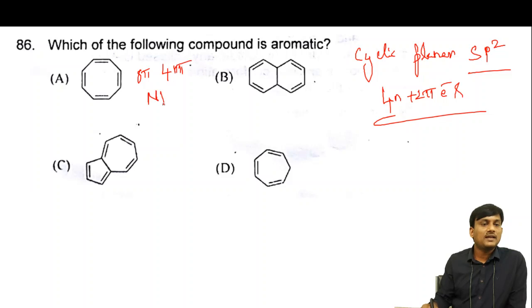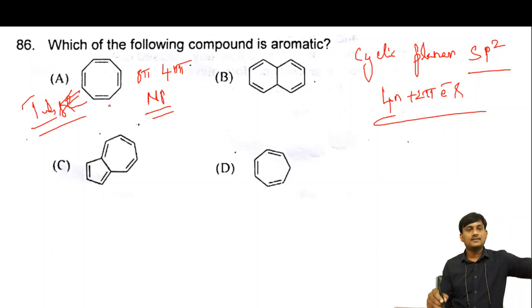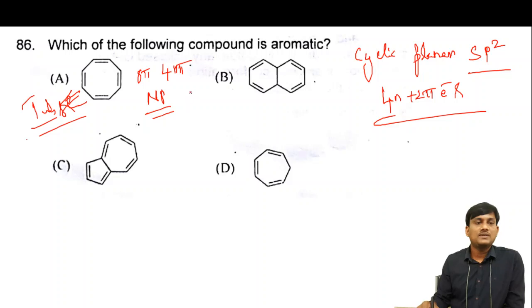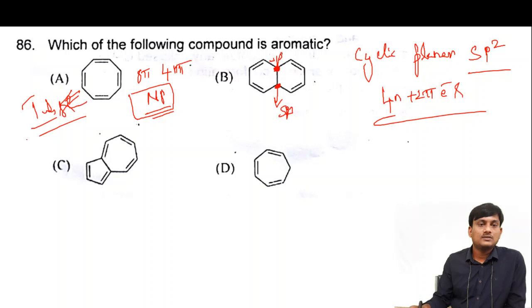It's actually non-planar, the shape of this molecule is tub shape. Cyclooctatetraene is tub shaped, so obviously it will be non-aromatic. Suppose you take this one, this carbon is sp3 hybridized. It is also non-planar, so non-aromatic. It has 8 pi electrons.